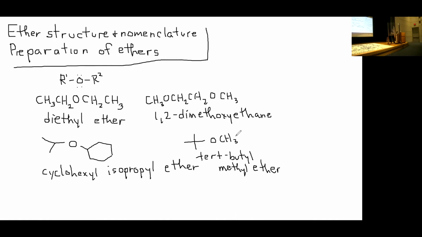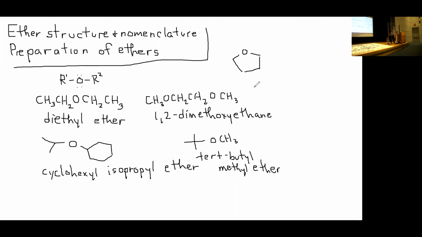I mean, there are certainly others that have their own names. I don't think I really care that you memorize too many of these trivial names. If I had to think of one other really commonly used ether solvent, it'd be this one, where the oxygen is contained in a 5-membered ring. That one we call tetrahydrofuran. And I'm not even going to write it down because I don't think I really care if you know that. But that's another pretty commonly used ether solvent.